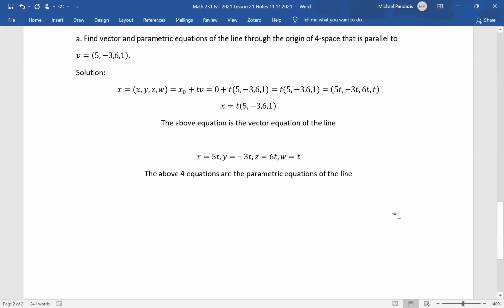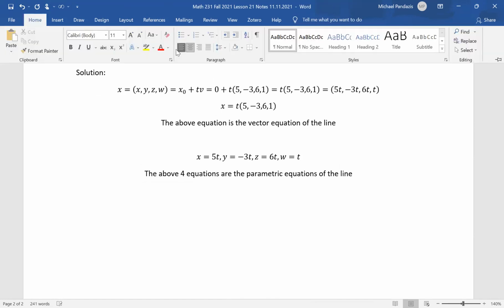Okay, so that's part A. We found the vector and parametric equations for that line. So for part B, we have another question.